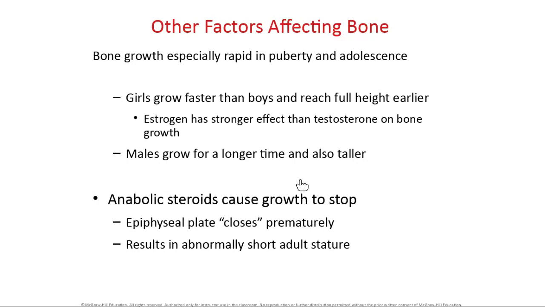Too much testosterone is going to close the epiphyseal plate earlier than it needs to, and that is going to have the opposite effect of what might have been desired by giving that child testosterone. They're going to have a short stature. They will not grow tall.